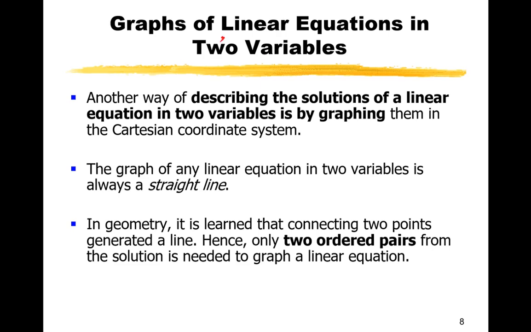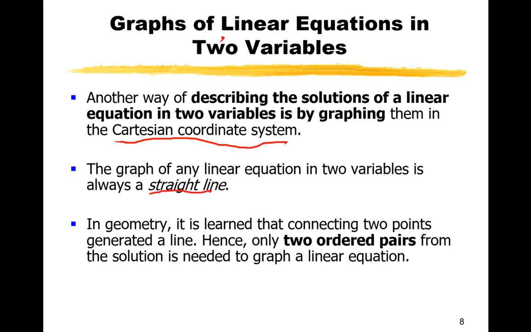So previously, nabanggit natin para makita mo ang solution set ng isang linear equation, kailangan mo siyang i-graph. And saan mo siya i-graph? Sa ating Cartesian coordinate system. Okay? Doon natin makikita yung extent or kung gaano karami, para ma-visualize natin yung solution set ng ating linear equation. So, take note, dahil linear equation siya, ang ating graph ay laging straight line.